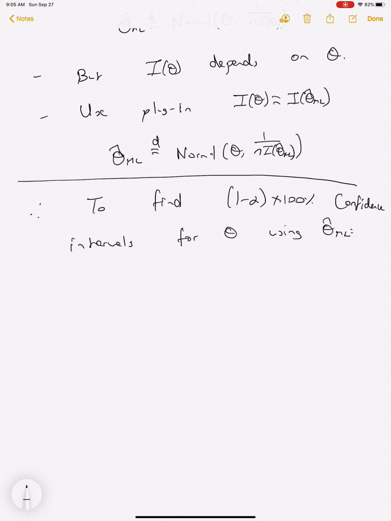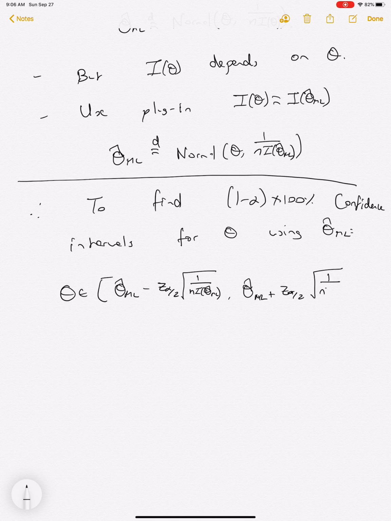So theta is going to be in theta hat ml minus z alpha over 2, so this is the z score, times 1 over n times I of theta hat ml, and because we know that things are normally distributed, I of theta hat ml. Okay.